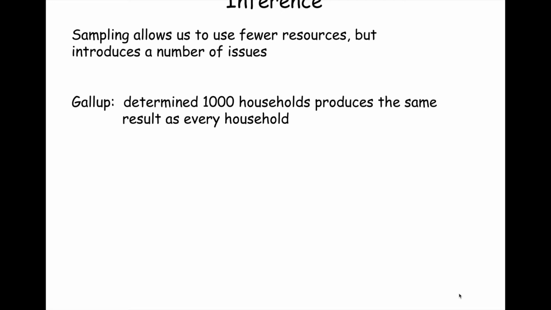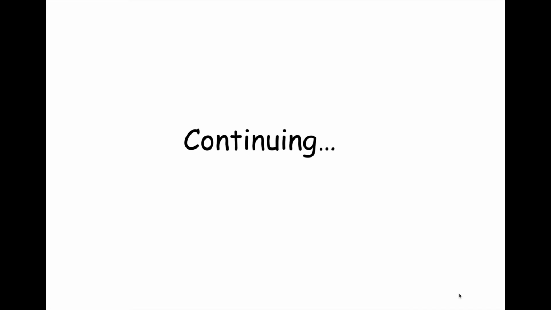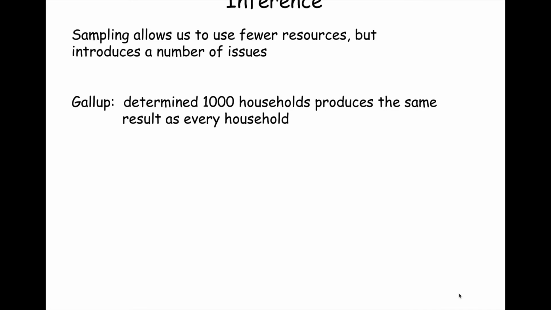And so the example we gave when we left off was the Gallup organization. They do polling, and so oftentimes you'll hear, typically on the news, a Gallup poll said. And so the Gallup organization determined that you only need 1,000 households in terms of your sampling if you're trying to determine some outcome. You only need 1,000 households in order to produce the same result that's representative of every household. And that's not really entirely true.